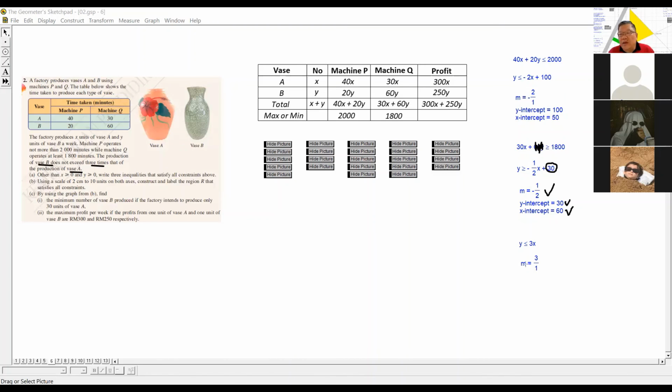So this is how we create this inequality here.